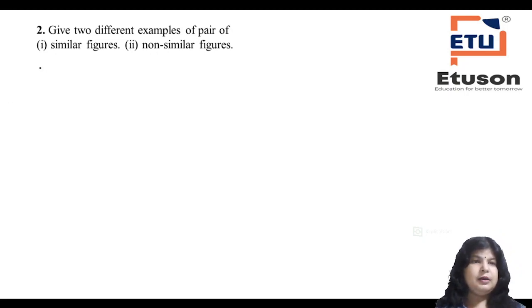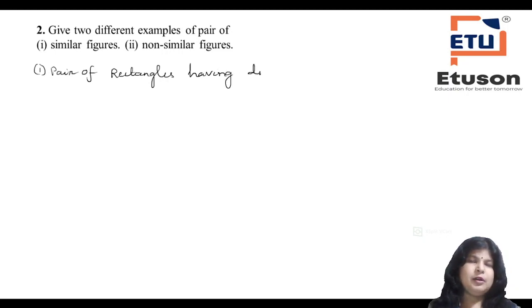So for a pair of similar figures, if I consider a pair of rectangles having different dimensions, which are proportionate, right?